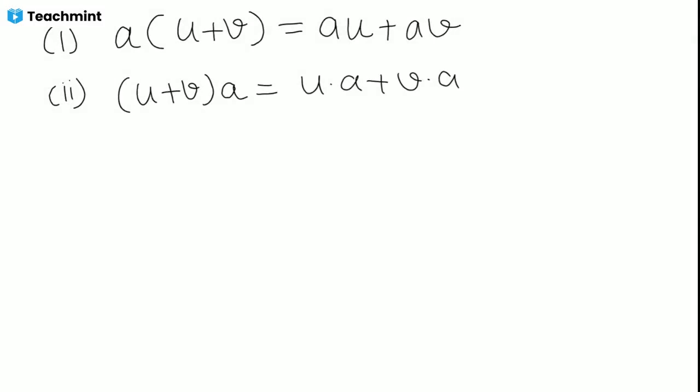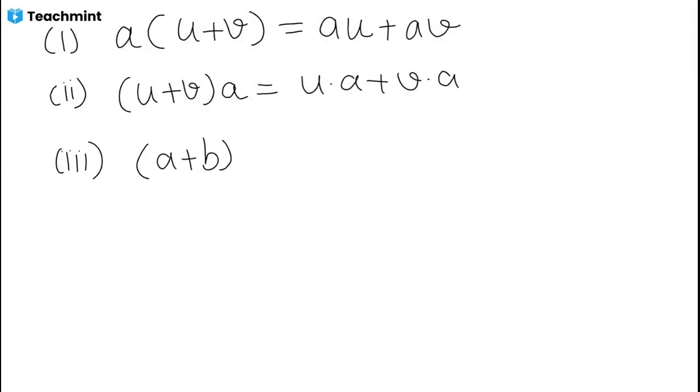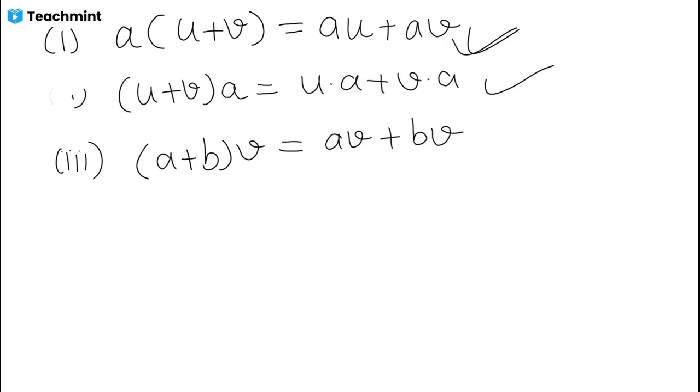And third, if we take the sum of two scalars and multiply with a vector, then you will get a into v plus b into v. You can show any one of them; most probably we show the first.